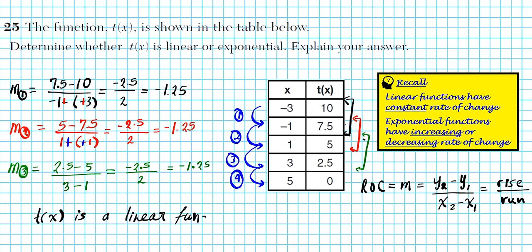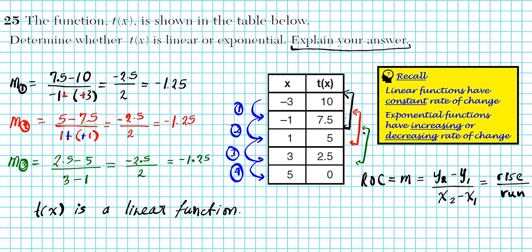Alright, so just stating the answer, you don't get full credit. Notice what is stated here. You have to explain. You have to state the explanation. So what is our explanation?